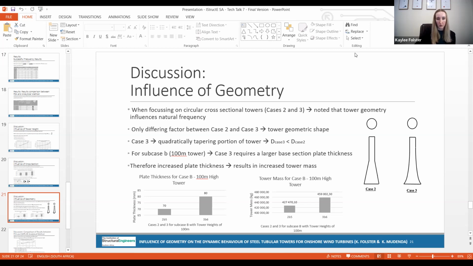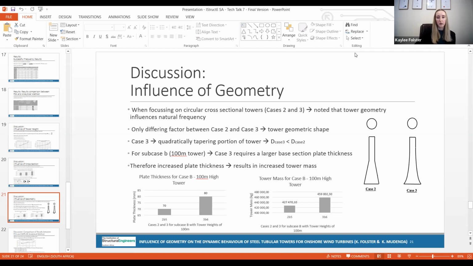And coming back to the mass of the tower, both towers being 100 meters in height, case 2 gives you a mass of around 427,000 kilograms, whereas case 3 ends up giving you a mass of about 460,000 kilograms.